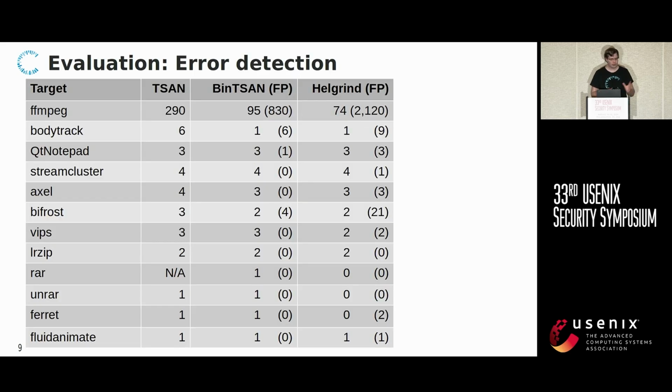So let's have a short look at how well BINTSAN works. We evaluated our tool with over 40 applications and compared it to the source-based thread sanitizer and the current state-of-the-art tool in binary data race detection, which is called Helgrind.